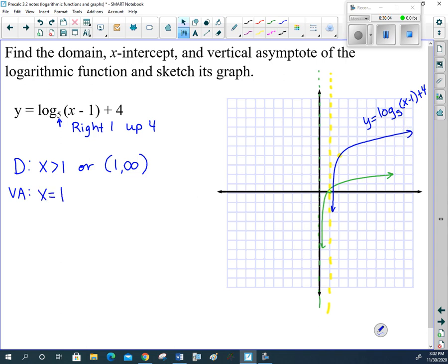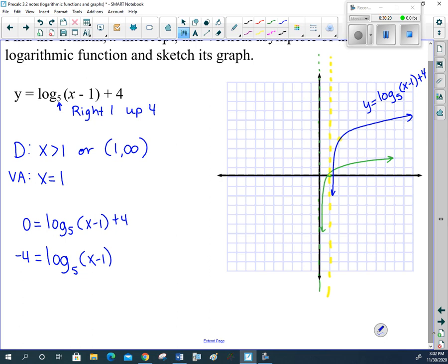Okay, let's do the x-intercept. So if we're looking for the x-intercept, then that means y has to equal 0. So I'm going to say 0 equals log base 5 of x minus 1 plus 4. Okay, I'm going to move the 4 over here. Log base 5 of x minus 1. So this is in logarithm form. I can't really figure out the answer, so the only other thing I know how to do is rewrite it as an exponential.